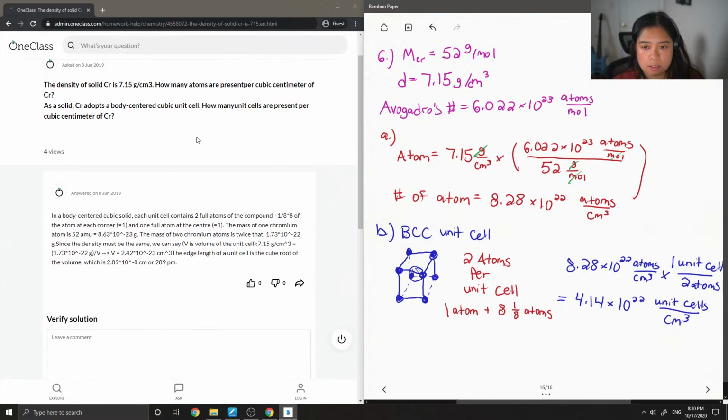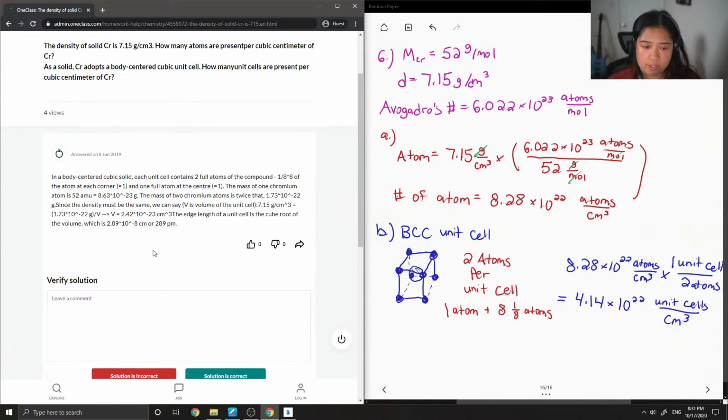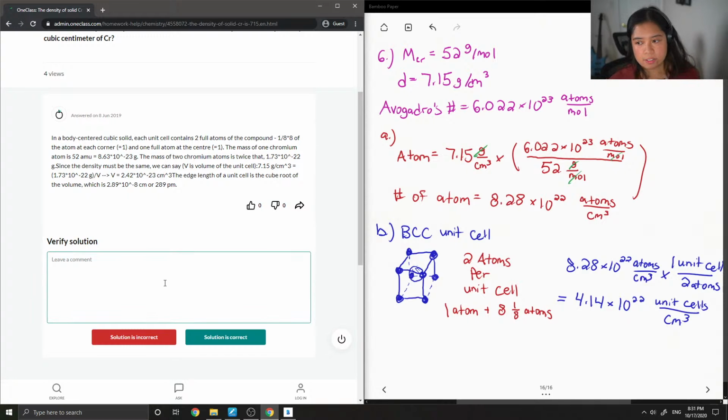So it doesn't look like they answered how many unit cells are present per cubic centimeter of chromium. And they also don't give the number of atoms present per cubic centimeter of chromium. They just calculated the edge length of a unit cell. So I'm just going to summarize what I just did.